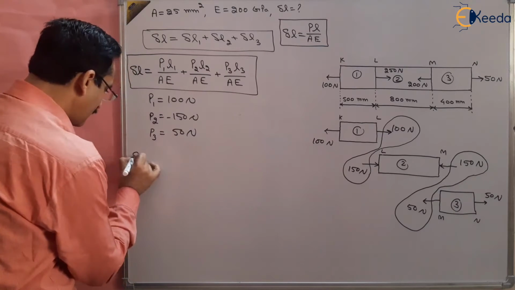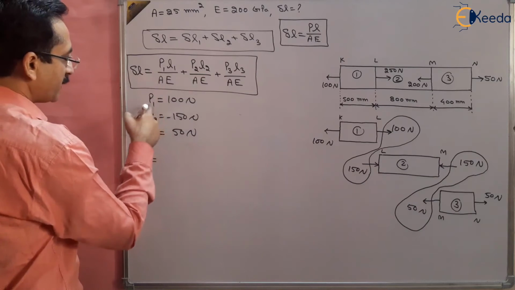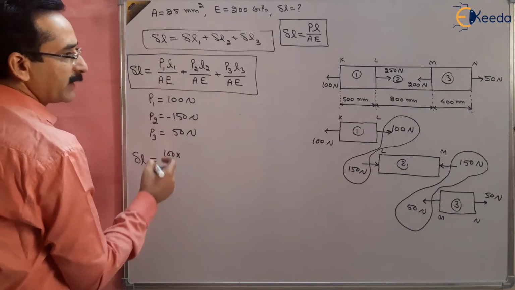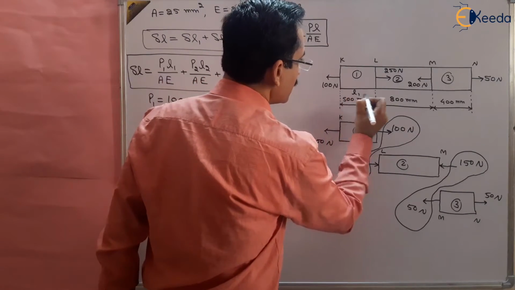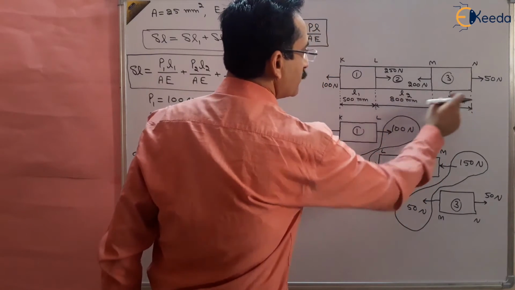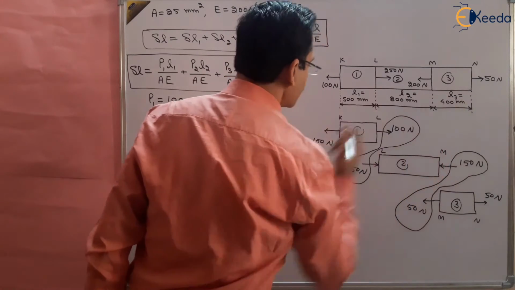So delta L, put the values and get the value of delta L. So simple. The change in length is P1, 100, multiplied by length L1. What is L1? L1 is this 500 mm. This is L1, this is L2, this is L3. This is 500, this is 800, and this is 400, right?